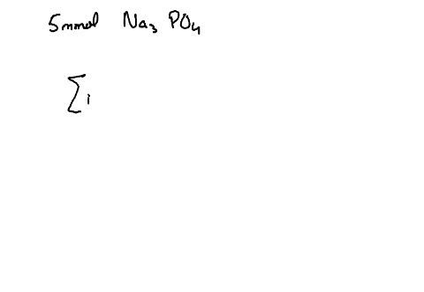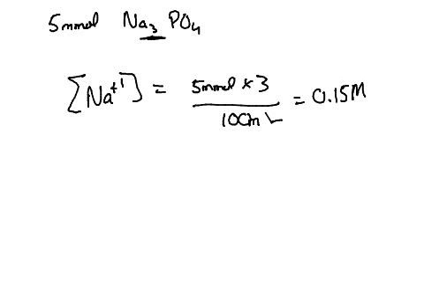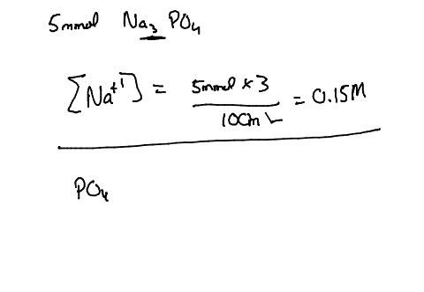So the concentration of the ion Na positive 1 will be equal to 5 millimoles times 3, due to this 3 right there, divided by 100 milliliters. It'd be 15, so 0.15 molar.